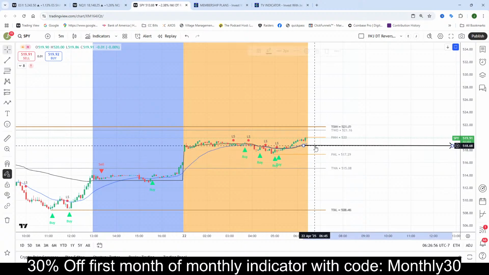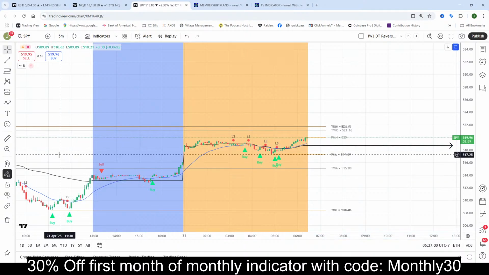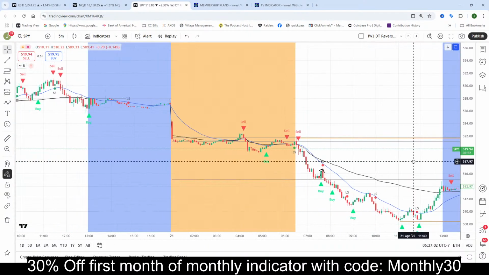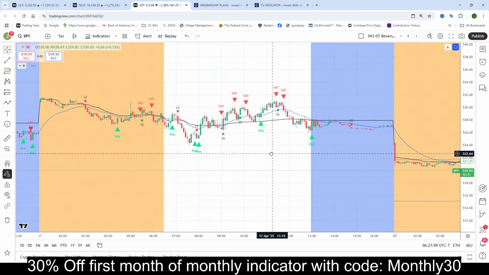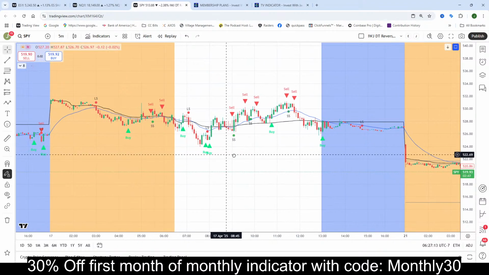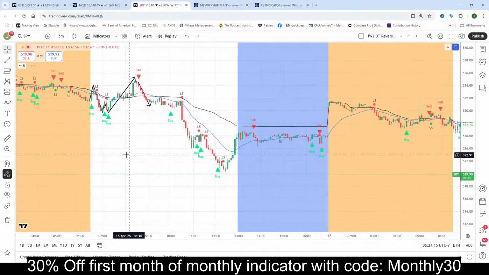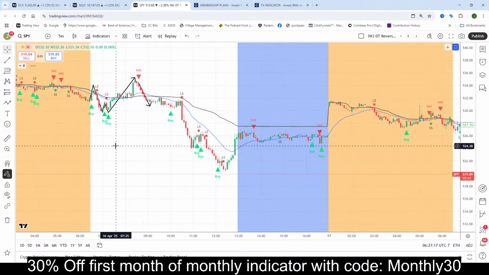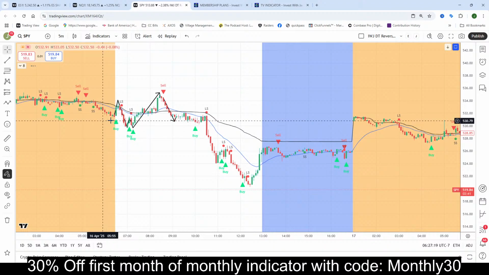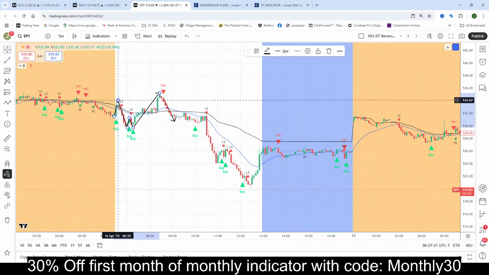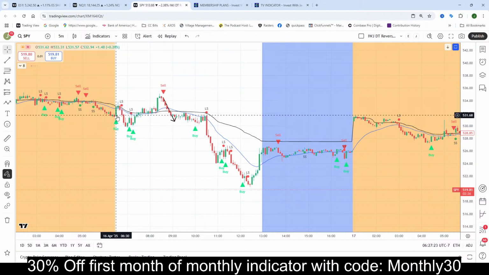And if you wait, here's the negative. Let's go back and look at yesterday. I don't know if yesterday is going to be a great example. No, there'll be a different one we can do better. So this one, at the open, if you wait until the bar closes, this was a winning trade right here.